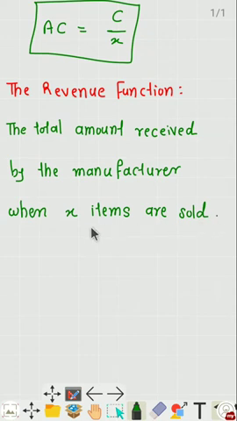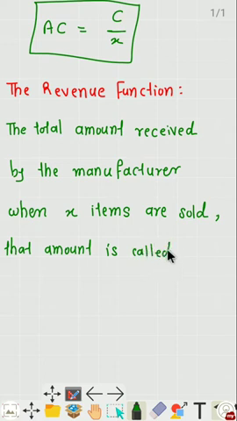That amount is called the total revenue.